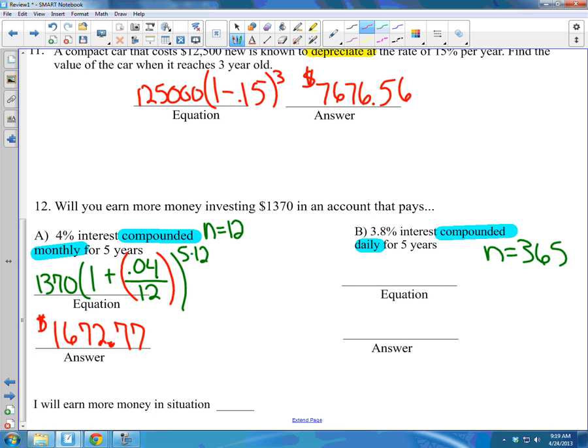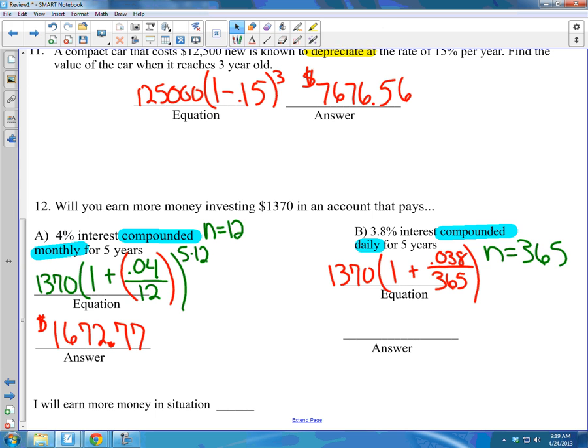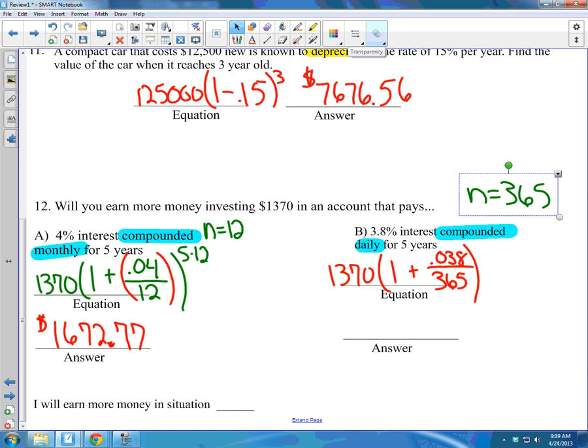In the next one, I'm still investing the $1,370. I still have 1 plus my rate, but the rate's different. 0.038 is the decimal version of 3.8%. And daily means 365. That's my N. Now my time is going to be for 5 years, and then the N comes again at 365.